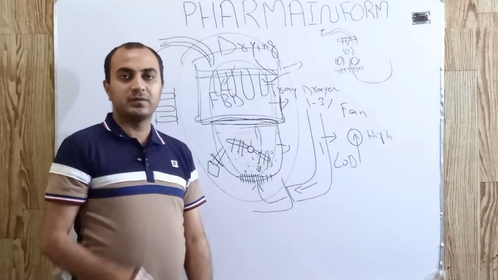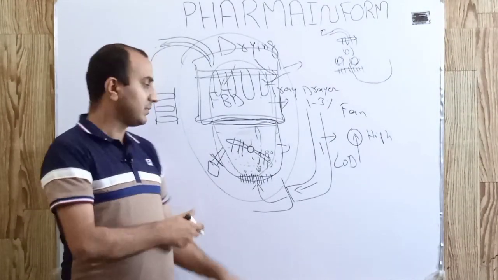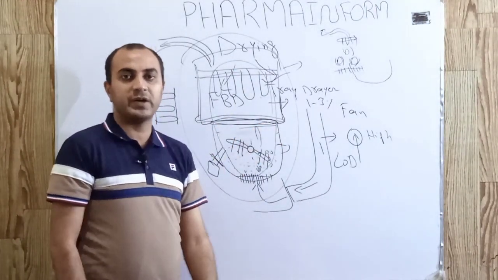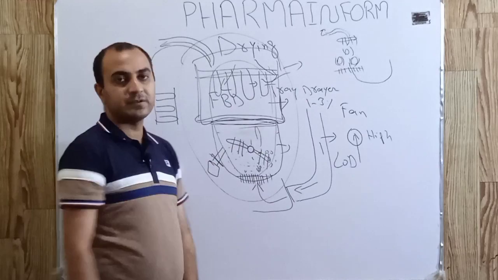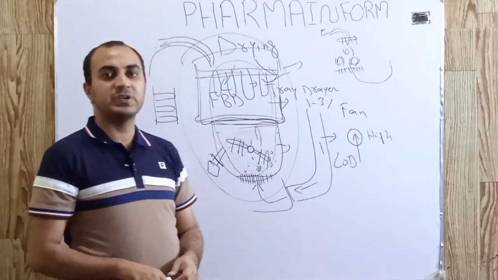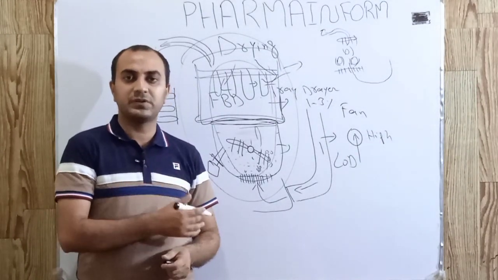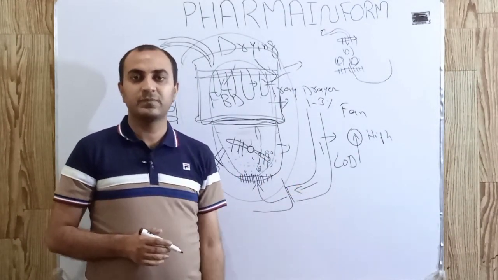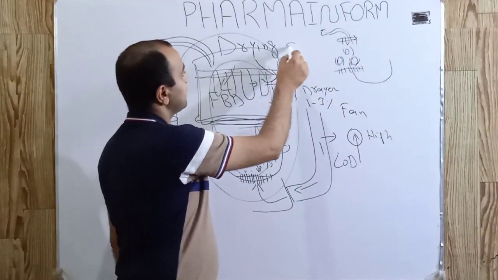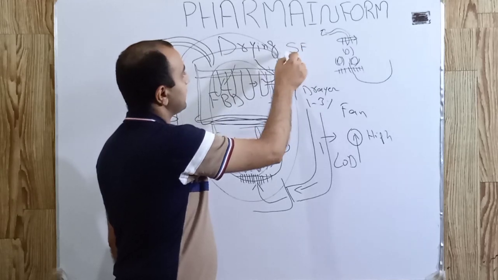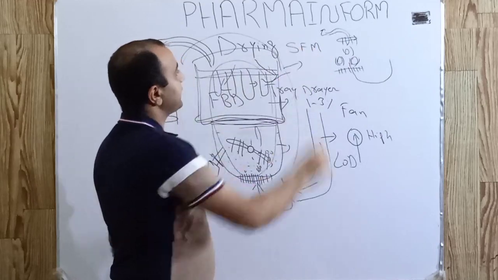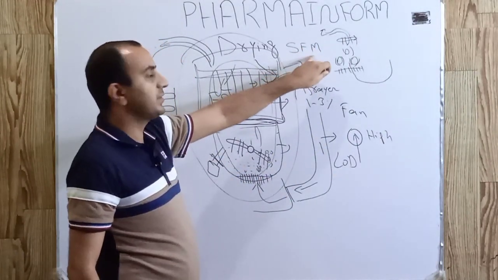One main thing during the whole drying process is that we should ensure that our filters are intact. There should be no damage to the filters, because damage in filters may result in product loss. So in advanced types of dryers, an instrument is attached which is known as SFM, solid flow meter.